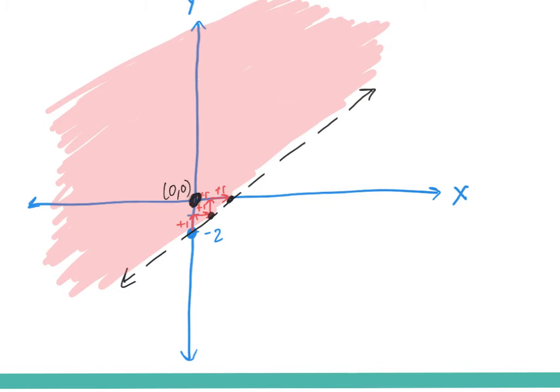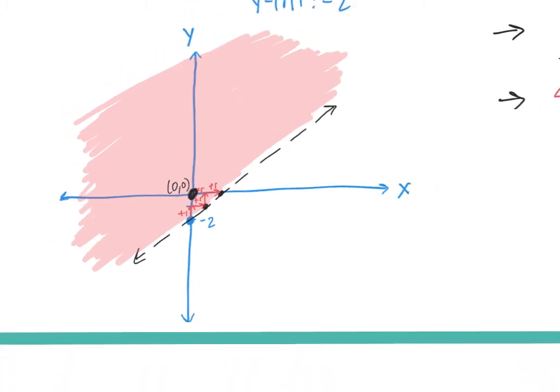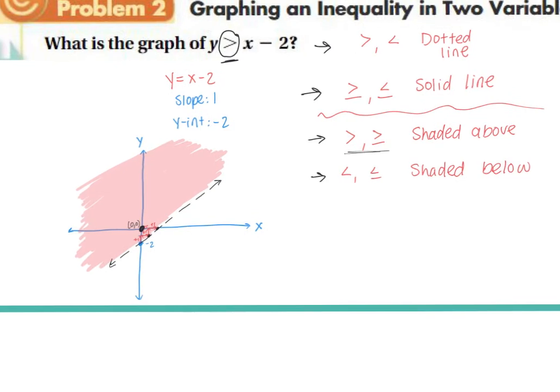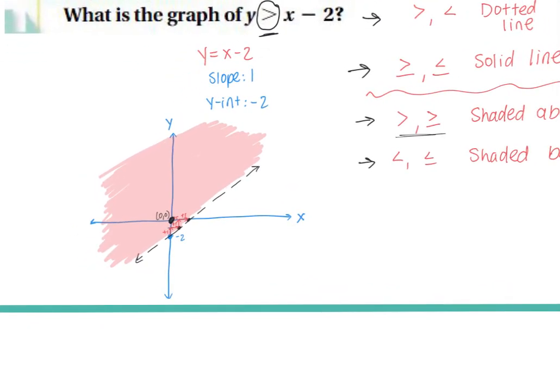Is that in the red region? Yeah, it is, right? So this should be a solution. Let's check it out. So if we plug in 0 for x and 0 for y, it should be a solution. We're trying out 0, 0. So 0 is greater than, we plugged in 0 for y, we plug in 0 for x minus 2. Is 0 bigger than -2? Yes.